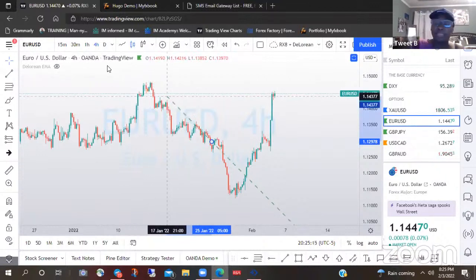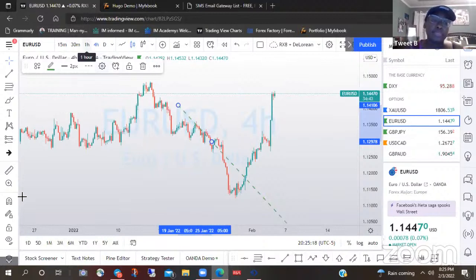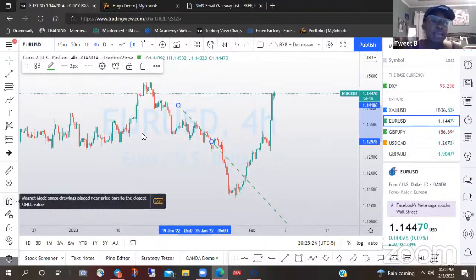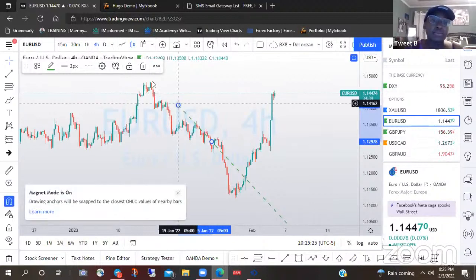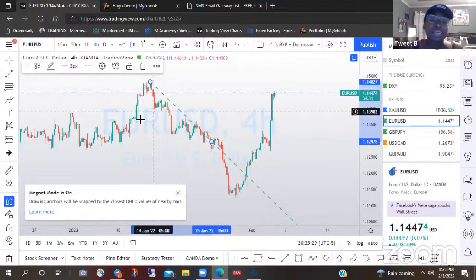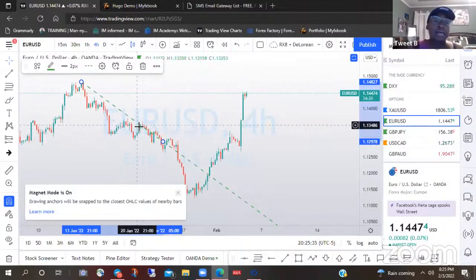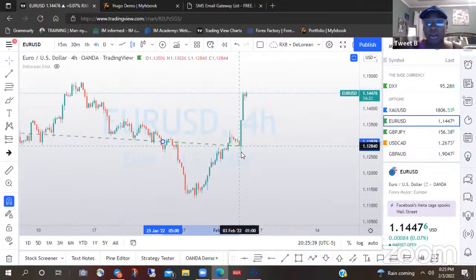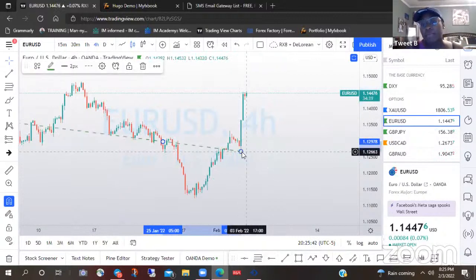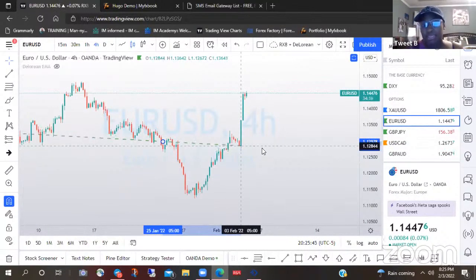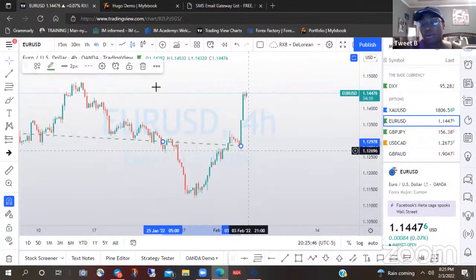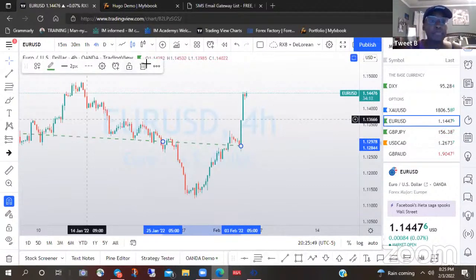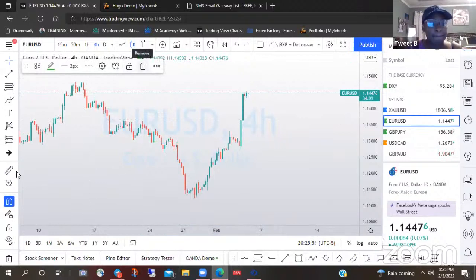If you do particular analysis on the charts, you can click this magnet button and it's going to automatically connect or snap to either the wick or the body of the candle. So for instance, this wick was a little bit longer. It'll automatically snap to the bottom of that wick, the exact price, or you can snap to the body of the candle, depending on how you trade. Okay. Any questions about what I'm going over so far?